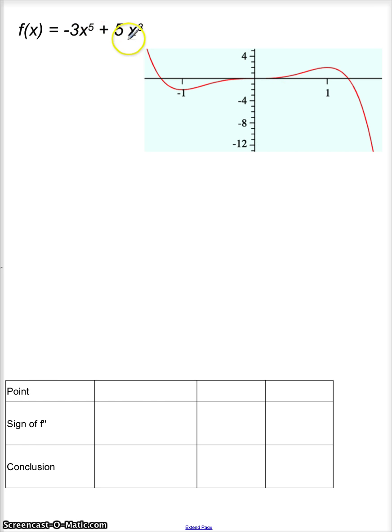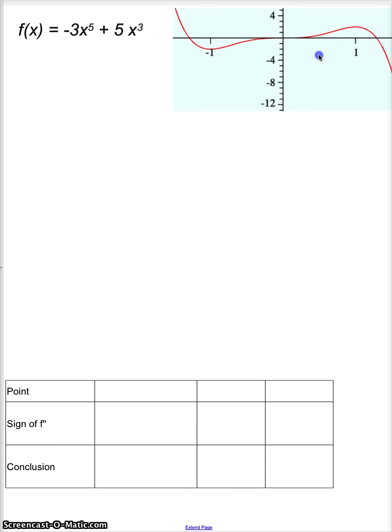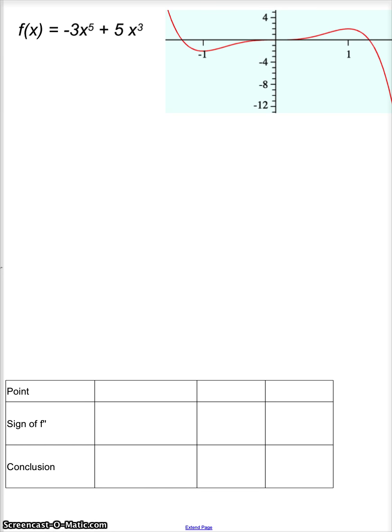All right, if f of x is negative 3x to the 5th plus 5x squared, let's test it. First thing you have to do is take the first derivative.